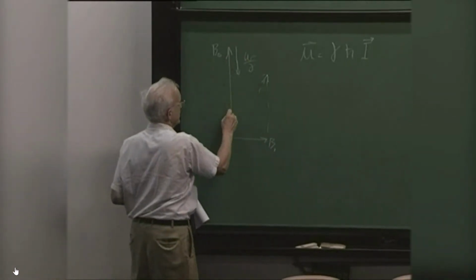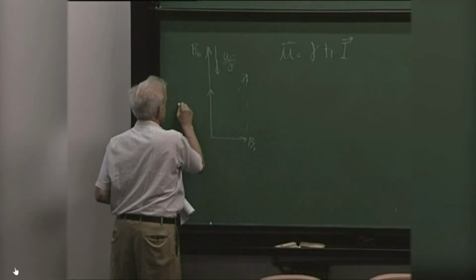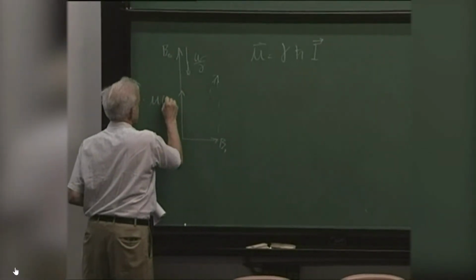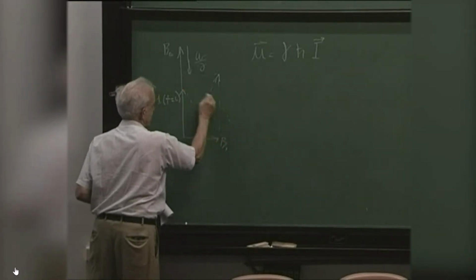So if the magnetic moment initially is pointing in this direction over here, here we have mu at t equals 0, then later on it goes around like that.